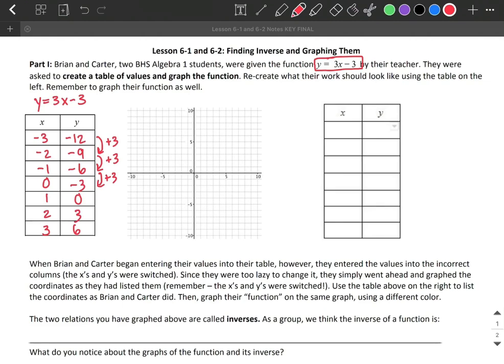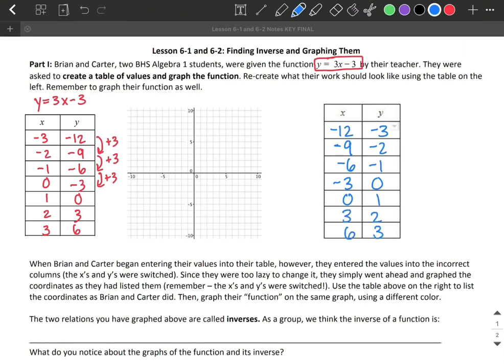What they actually wrote was instead of -3, -12, they wrote -12, -3. Instead of -2, -9, they wrote -9, -2. And then -6, -1, -3, 0, 0, 1, 3, 2, and 6, 3.